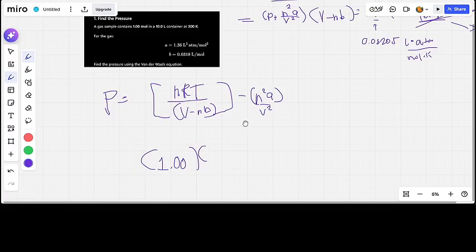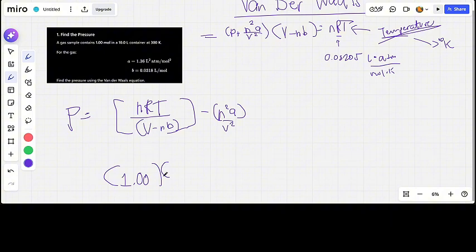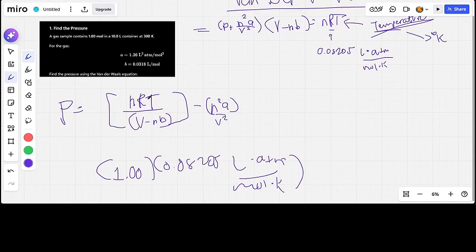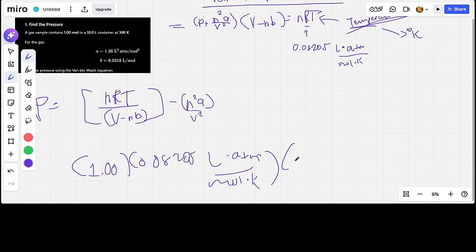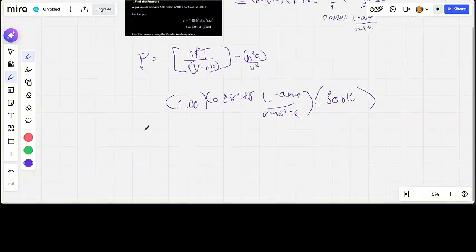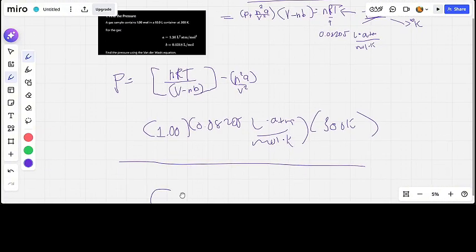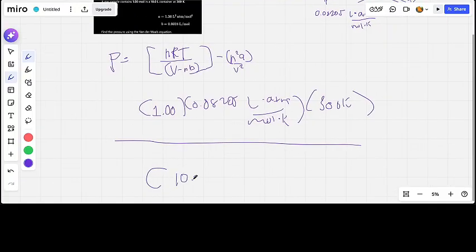times the ideal gas constant, which is 0.08205 liters atm over mole K, and then times T, which is temperature, and the temperature is 300 K. So over V, which is volume, and we have 10.0 liters right here.